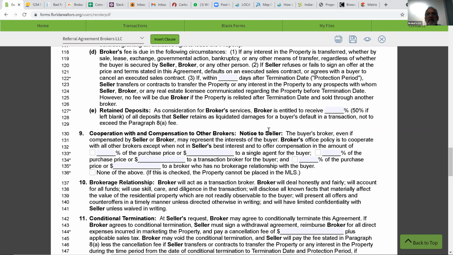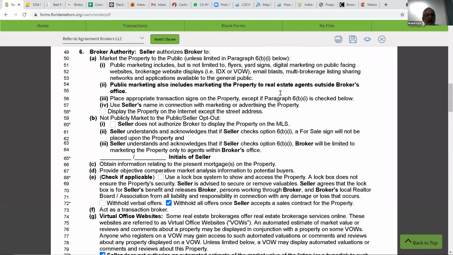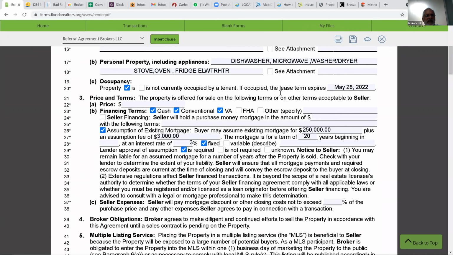Okay. The second option is the seller refuses or fails to sign an offer at the price and terms stated in this agreement. That means that whatever we wrote in the second, I believe the second paragraph, let's go back a little bit right here. Price and terms, the third paragraph.